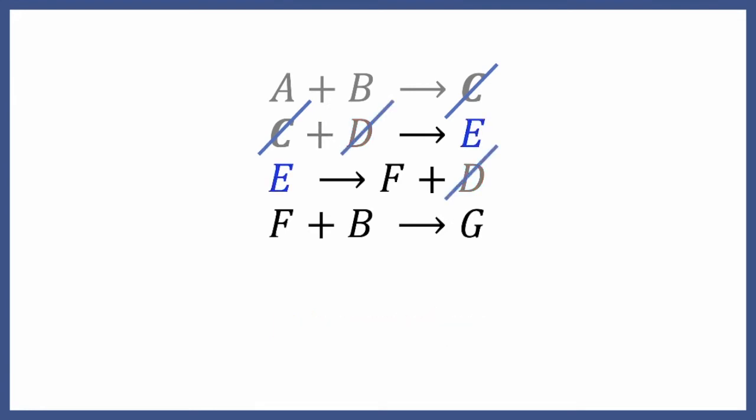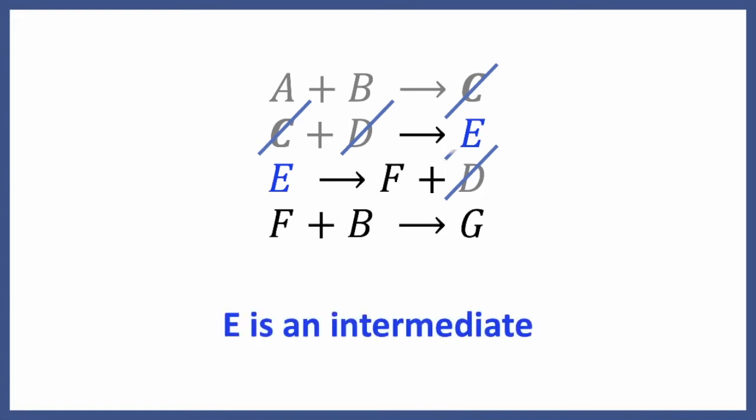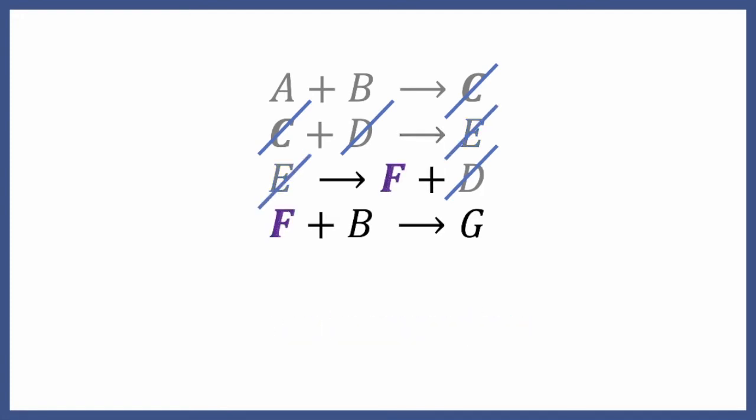Now let's look at E. E is the product of the second reaction, but it is a reactant in the third. E is an intermediate. Now let's look at F. We see that F is produced in the third equation, however, it is a reactant in the fourth equation, where it is used up.